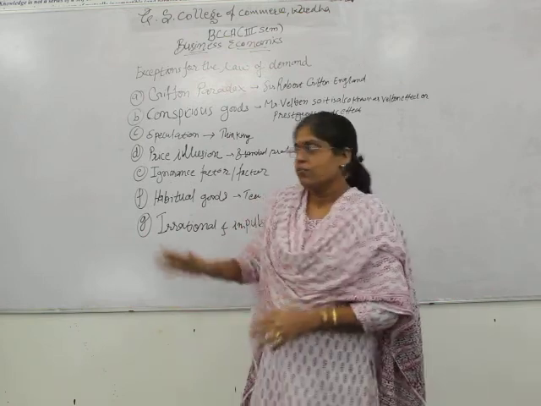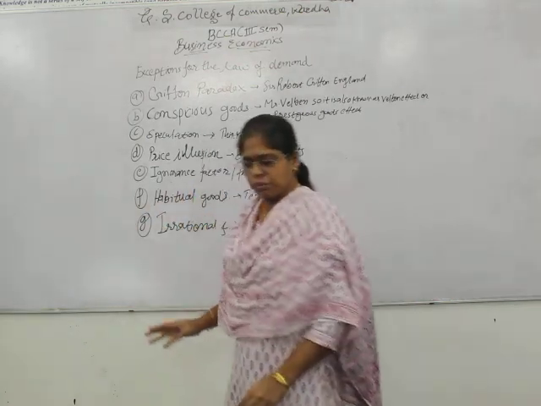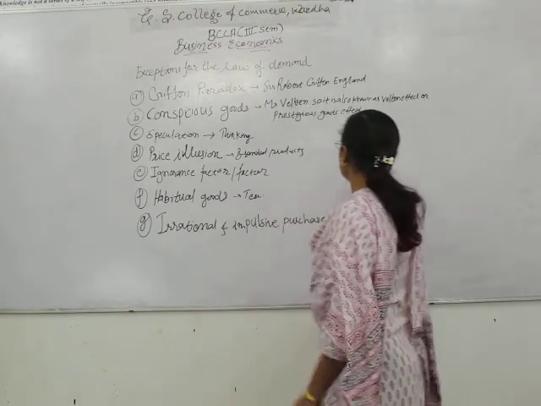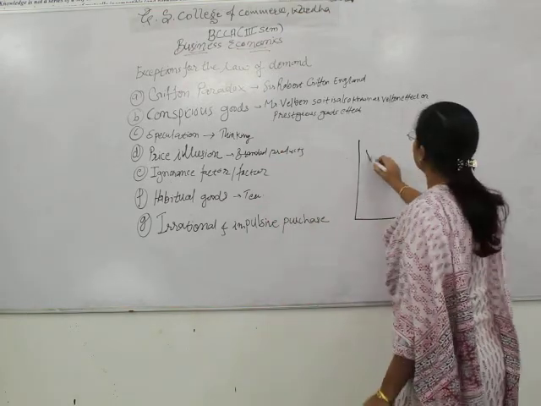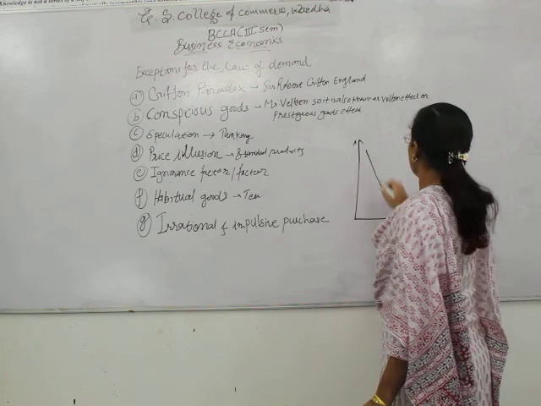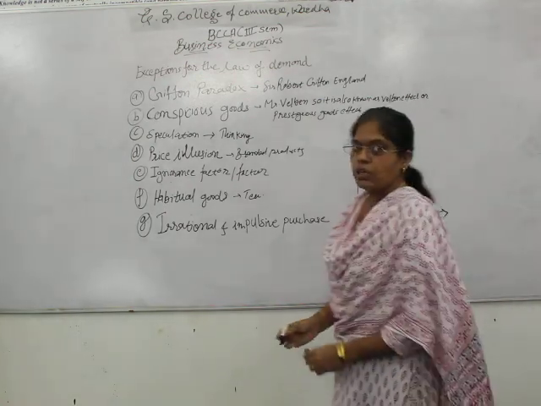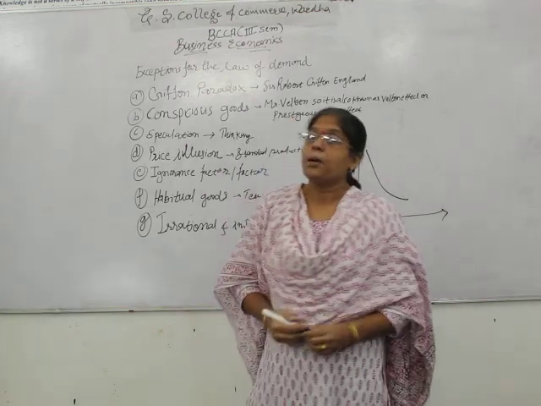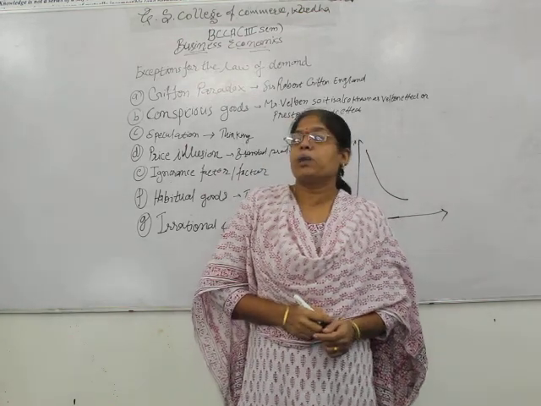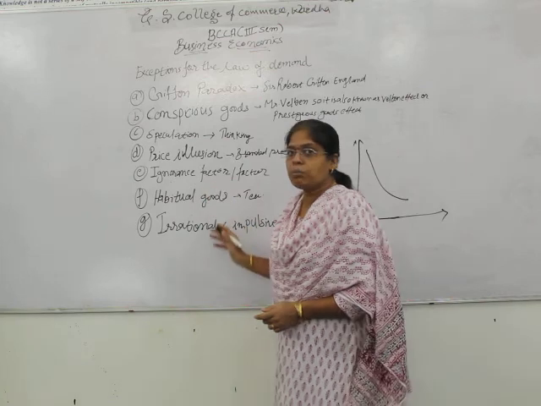So we have seen the demand curve and how it moves. It moves from left to right and slopes downward. Why does it slope downward? Because of the different prices of the product and the quantity demanded.